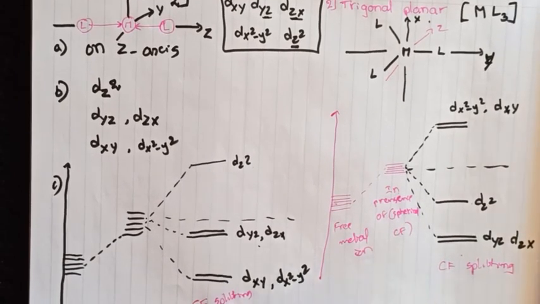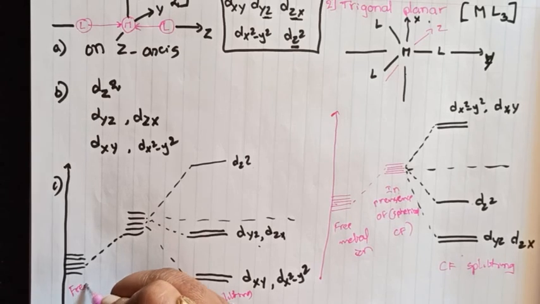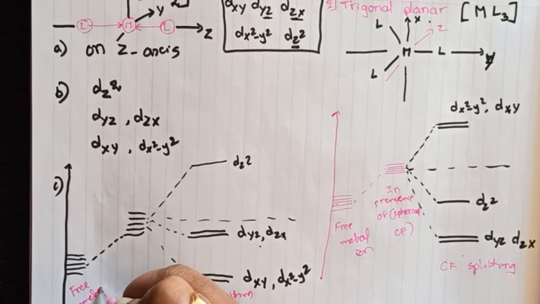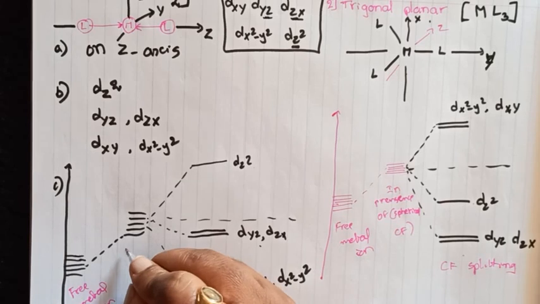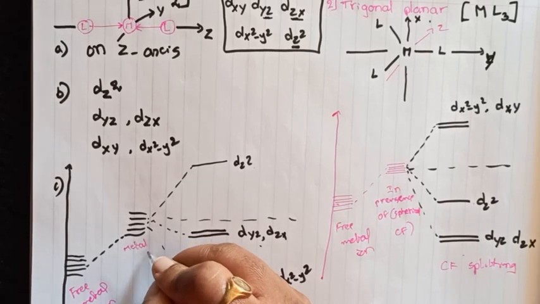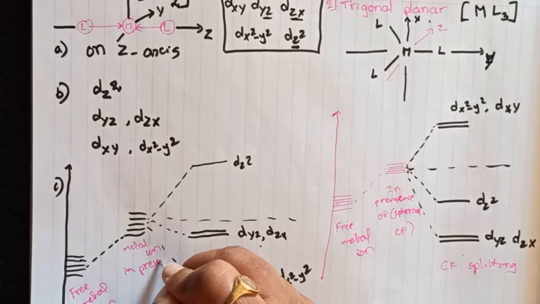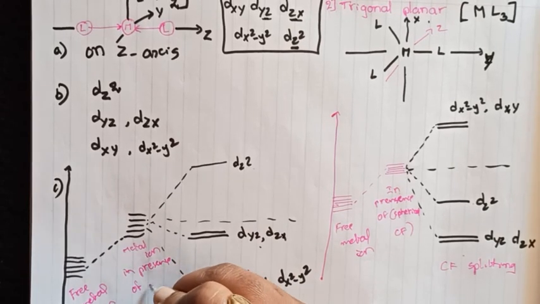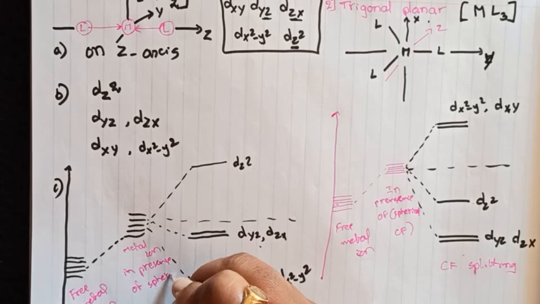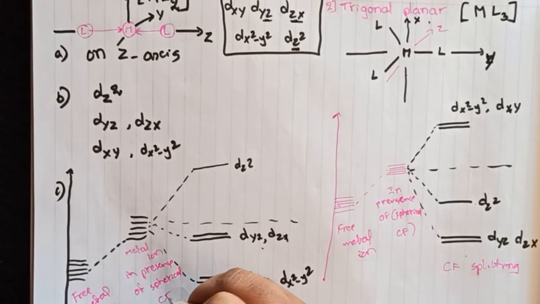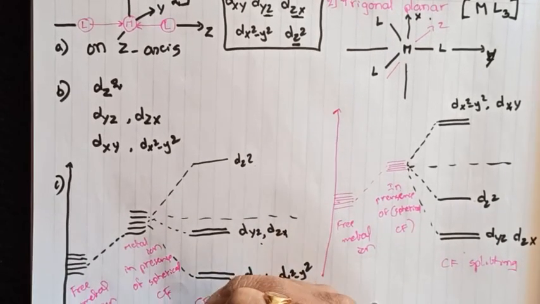Crystal field splitting of d orbitals in linear geometry: this is the free metal ion, the metal in the presence of a spherical crystal field.